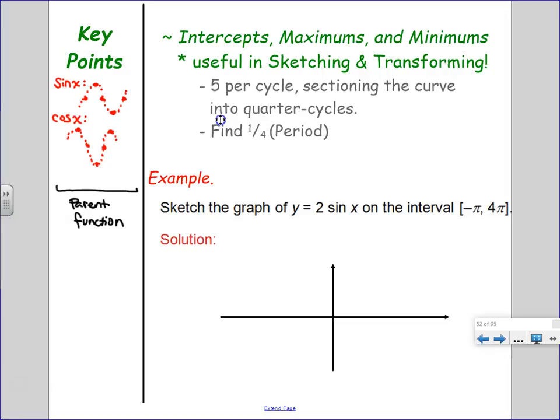And for the parent function, cosine is at the top when it hits the y-axis. Sine, when it goes through the y-axis, it's actually in the middle. It's at 0. Cosine's at the top. Sine's in the middle. Their waves end up looking alike, except they're in different places. They're shifted.